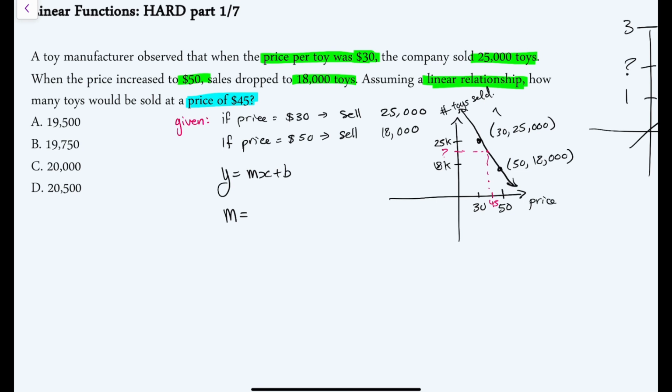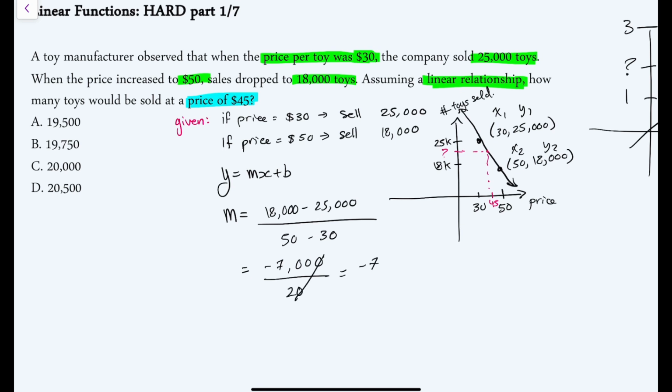So again, plot them x1, y1, x2, y2. 18,000 minus 25,000 all over 50 minus 30. We get negative 7,000 over 20. Zeros cancel out. Negative 700 divided by 2. Therefore, our slope is equal to negative 350.